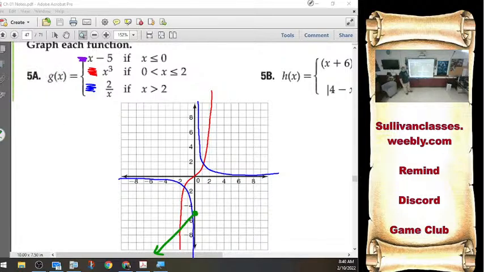Where do I care about the cubic? Open circle at 0 because it does not equal. Closed at 2. Don't care about the rest of the cubic.